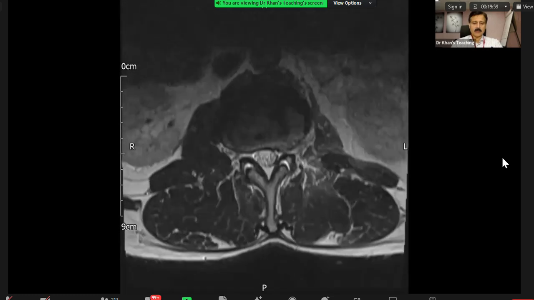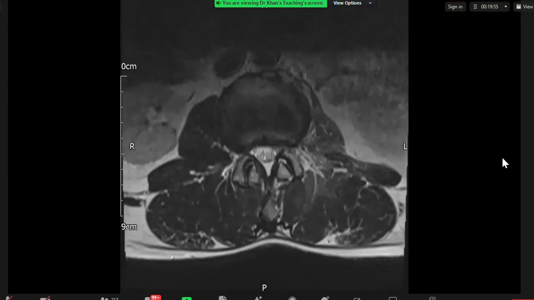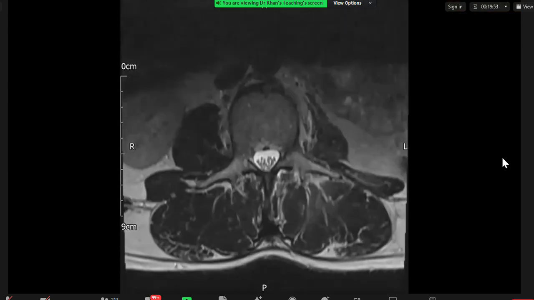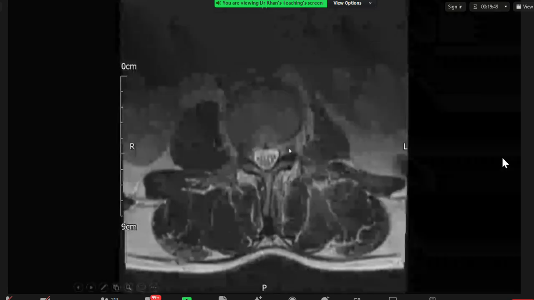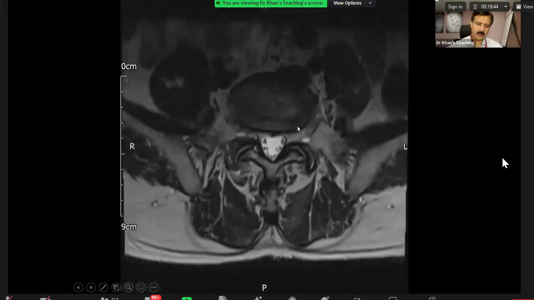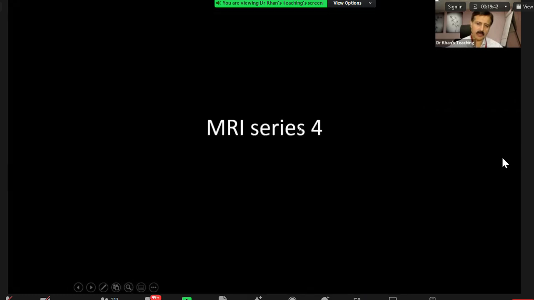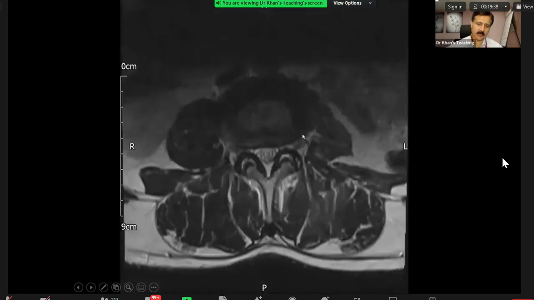So I think that's separate to what we were seeing, and this is the level of the abnormality. Was that the level? Okay, just one second, please. So we are down here. We can see L5 level, and now we are going up.